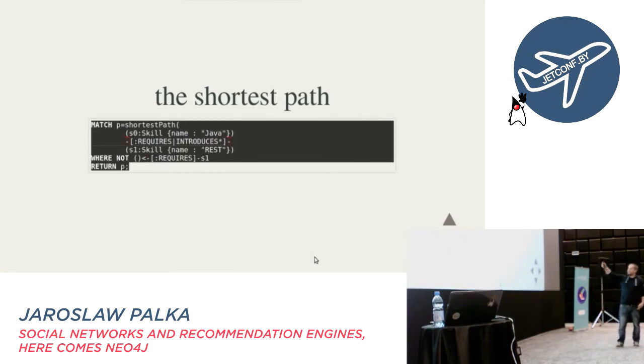Because first I say, let's find the skill with the name Java, and then let's find the skill with the name REST, and I did a shortcut. So basically find me the shortest path, and you can move only by relationships of type requires and type introduces as many times as you wish, because we don't know how many trainings we have. What's wrong with this query? It's here, requires or introduces.